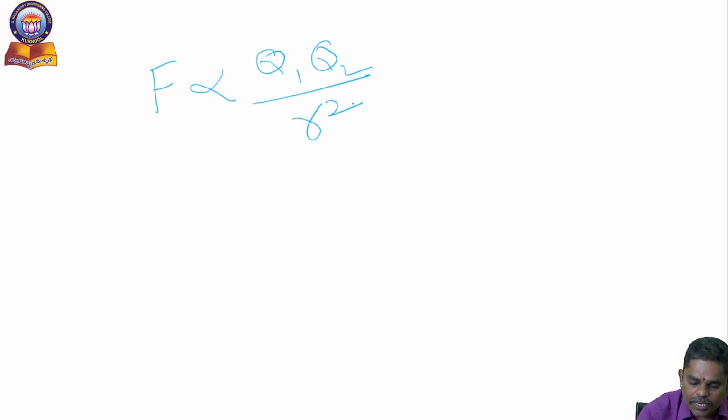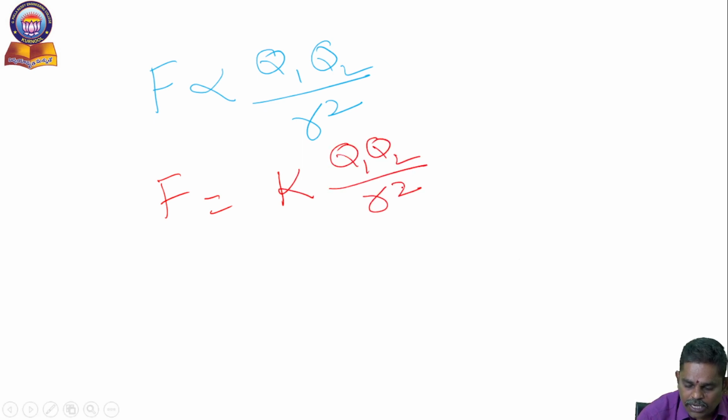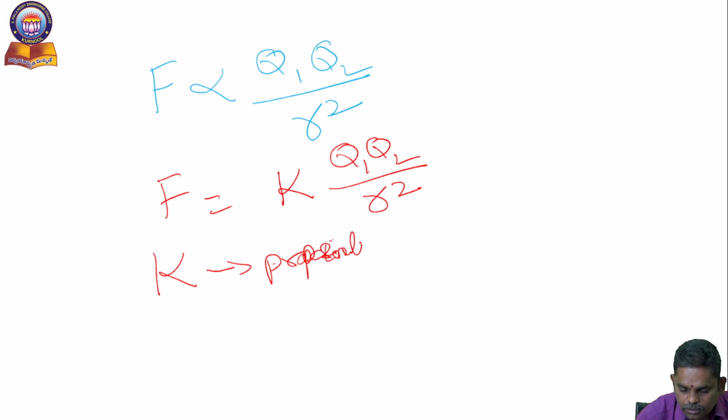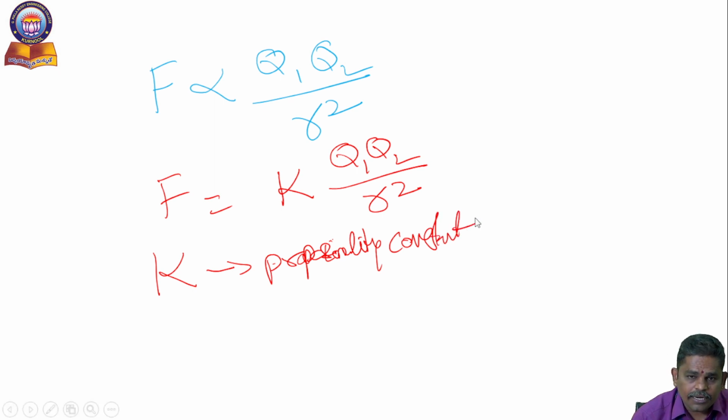Now our basic equation is F is proportional to q1 q2 by r square. It can be written as F is equal to k into q1 q2 by r square, where k is a proportionality constant.